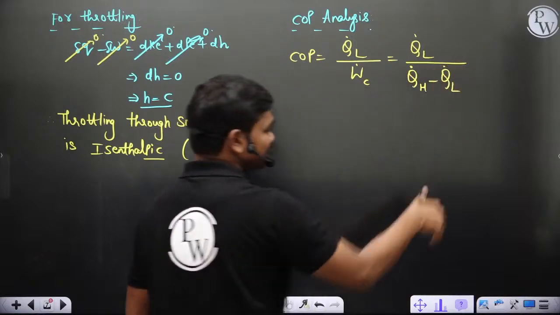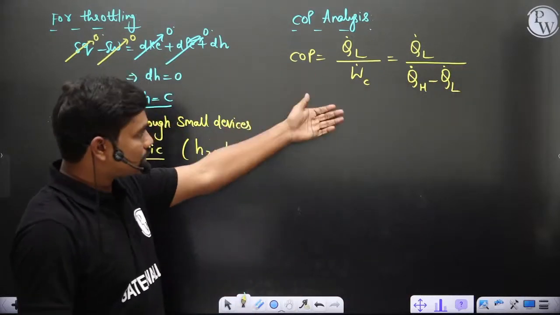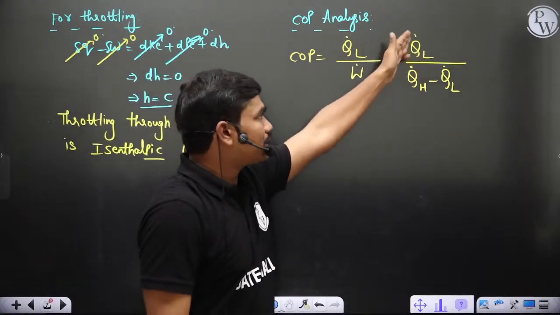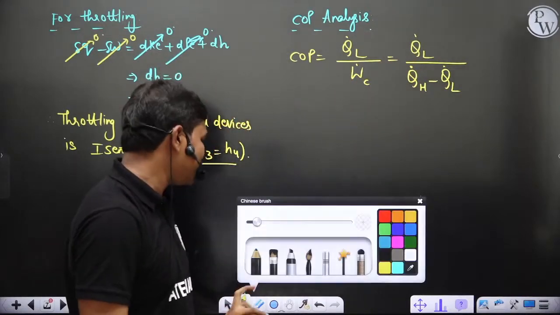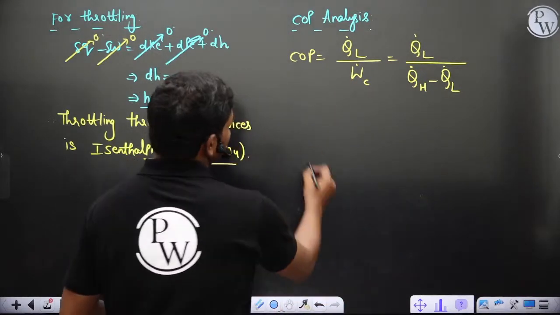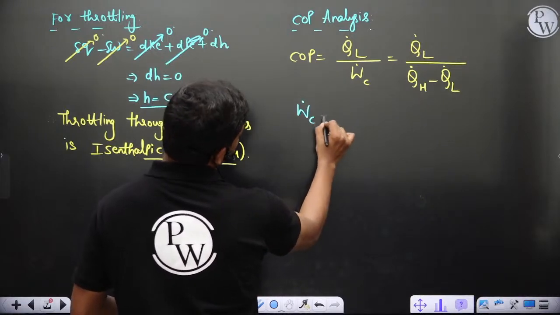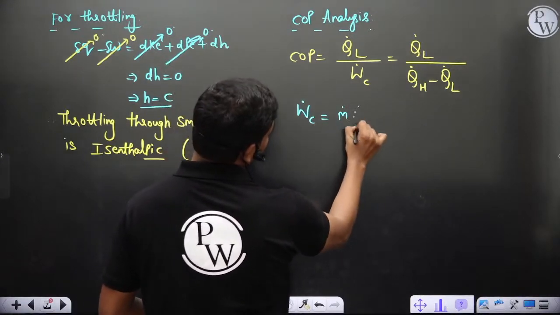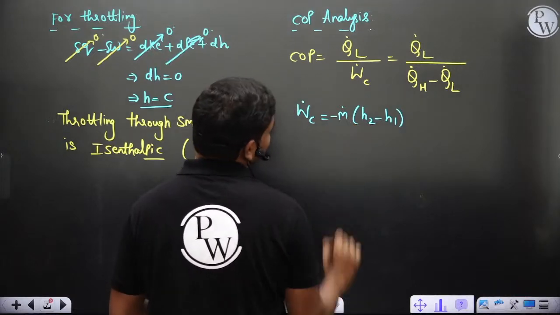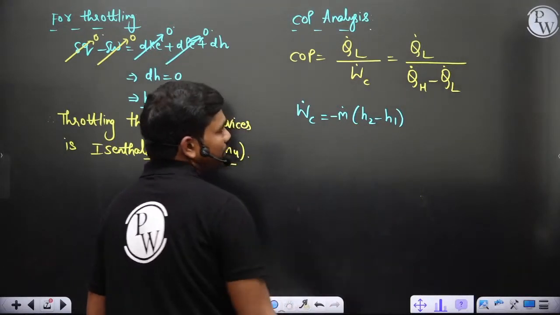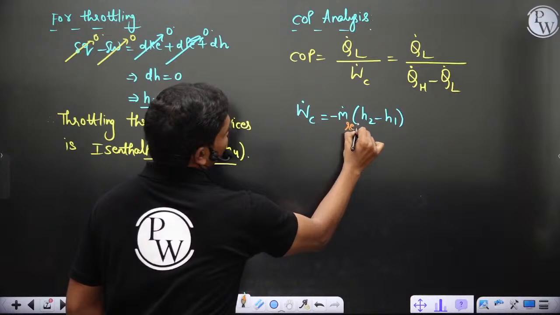Because this is a refrigeration system, Q dot L is what it is taking out from the cold space and Q dot H is what it is rejecting to the atmosphere. Then W dot C is nothing but m dot times H2 minus H1. Of course it's negative clearly, so minus m dot of refrigerant into H2 minus H1, correct?